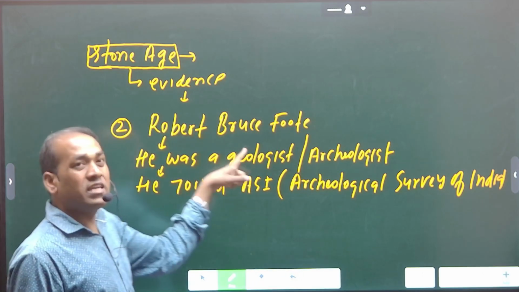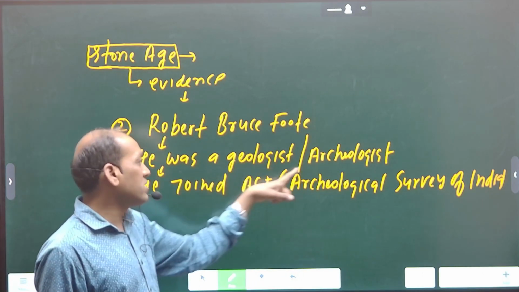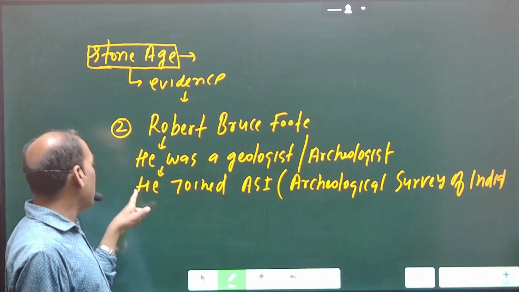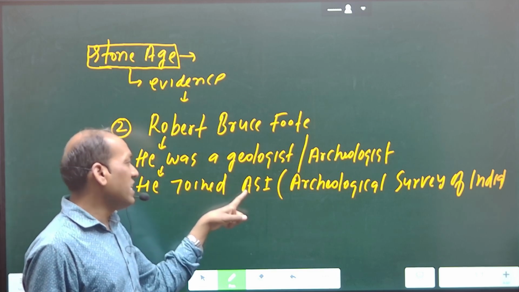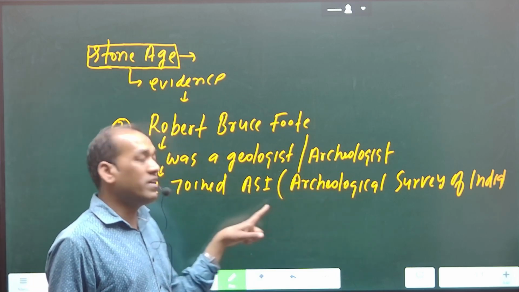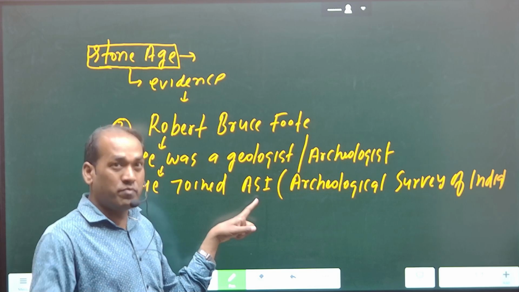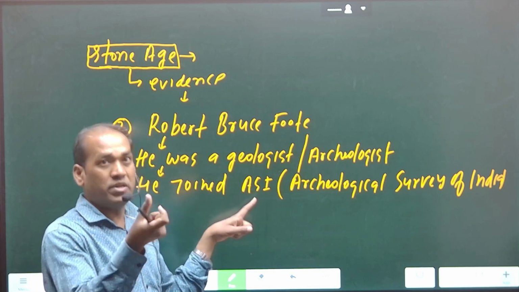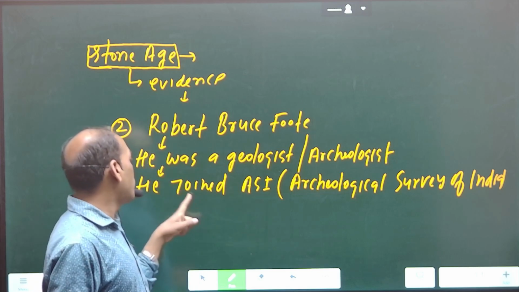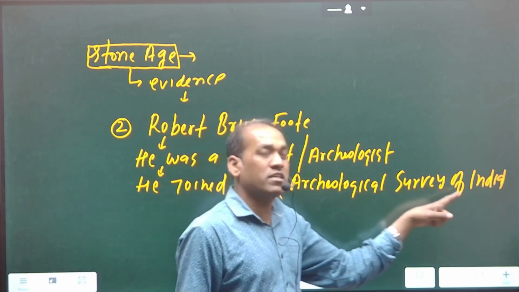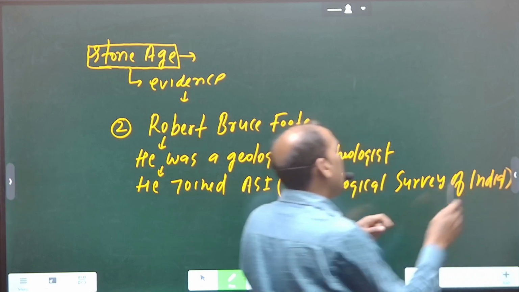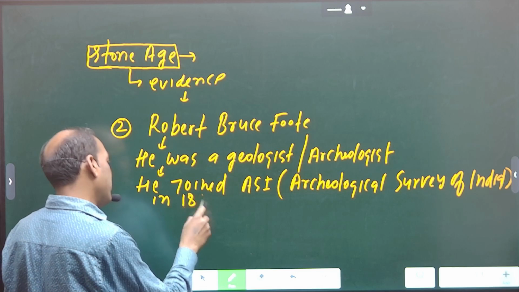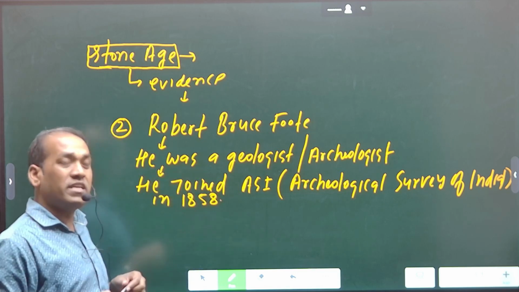Robert Bruce Foote came from England. He was a geologist, archaeologist. Then in India, Robert Bruce Foote joined ASI, Archaeological Survey of India. This department was created by the Britishers in India because at that time India was a colony of the Britishers. Robert Bruce Foote joined ASI in 1858.